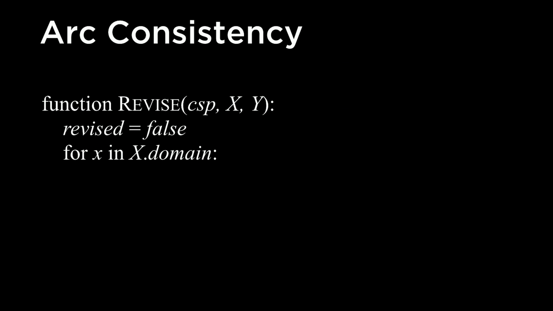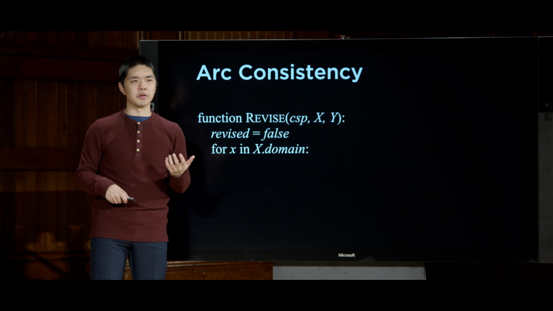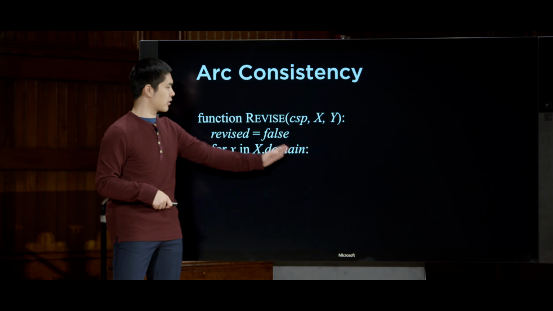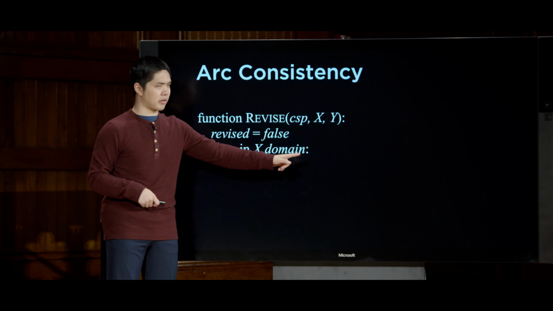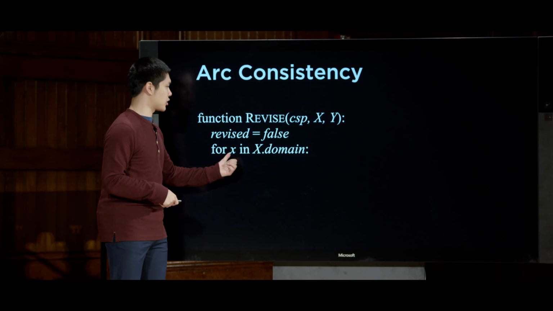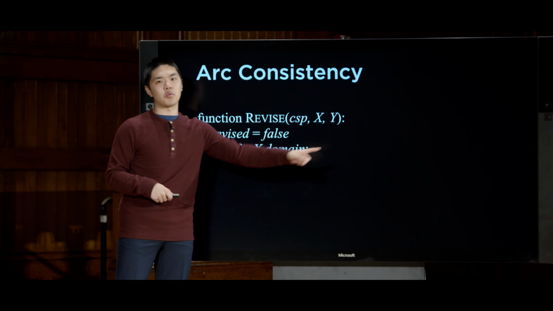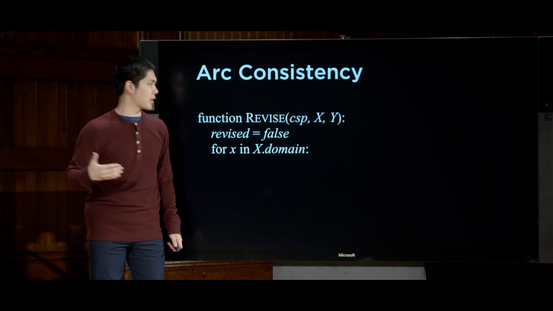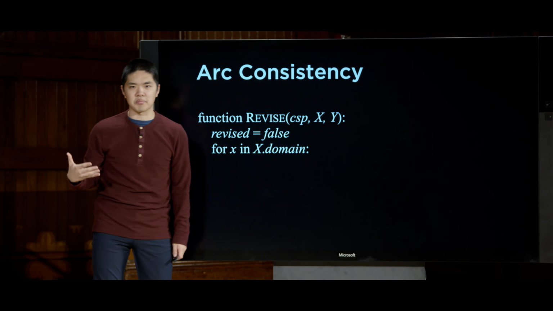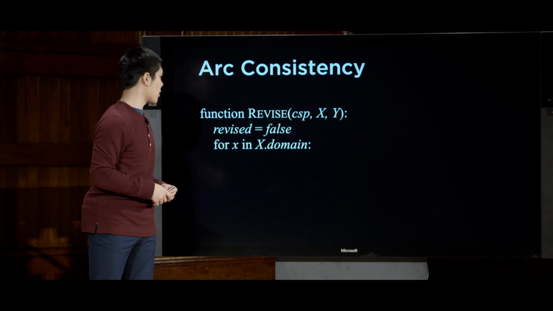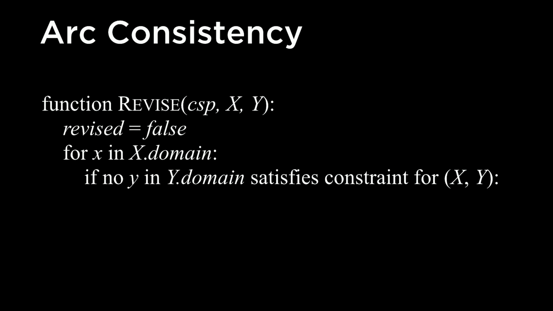Then we'll loop over all of the possible values in x's domain, for each little x in x's domain. I want to make sure that for each of those choices, I have some available choice in y that satisfies the binary constraints defined inside of my CSP, my constraint satisfaction problem. So if ever there is no value y in y's domain that satisfies the constraint for x and y, that means this value x shouldn't be in x's domain.